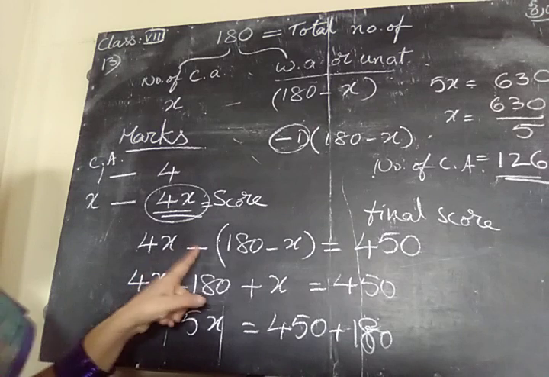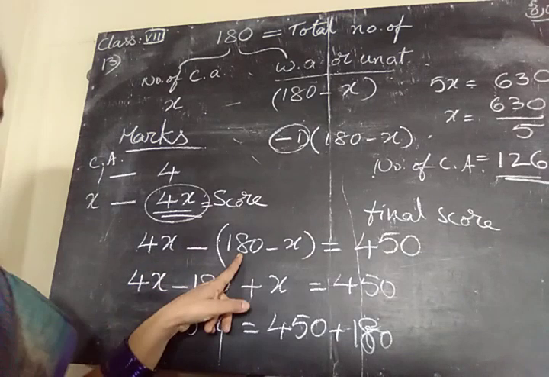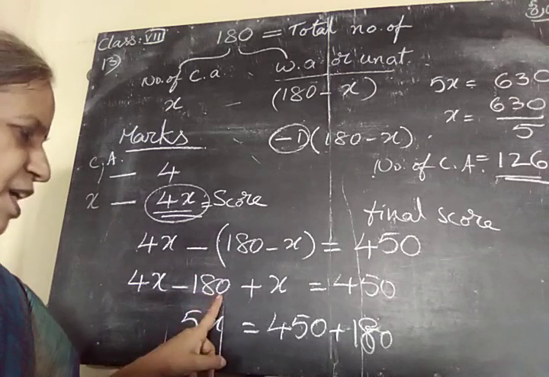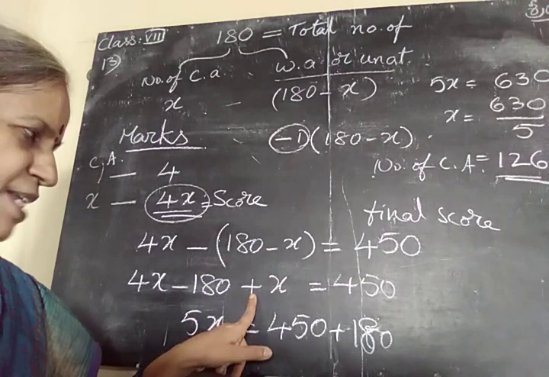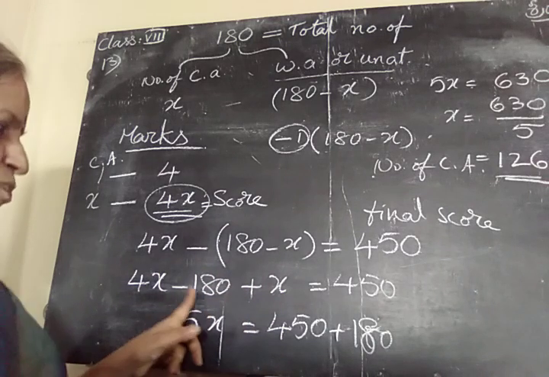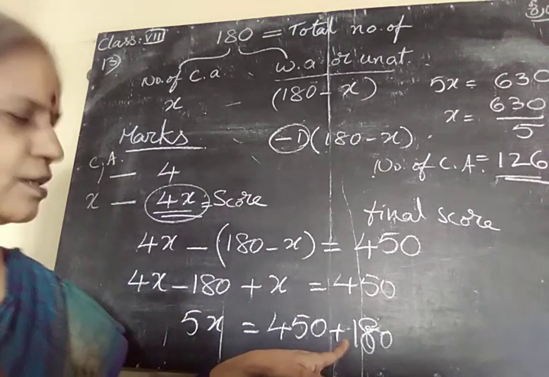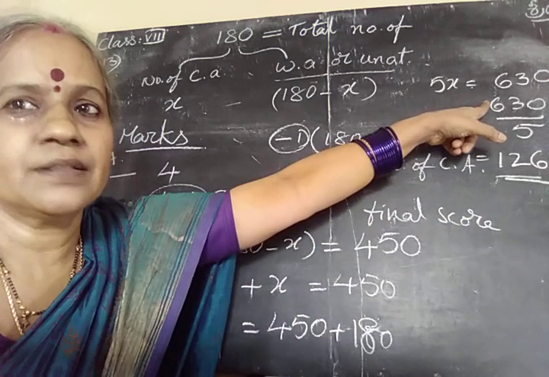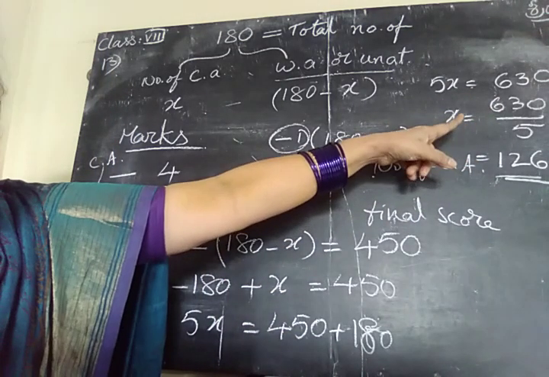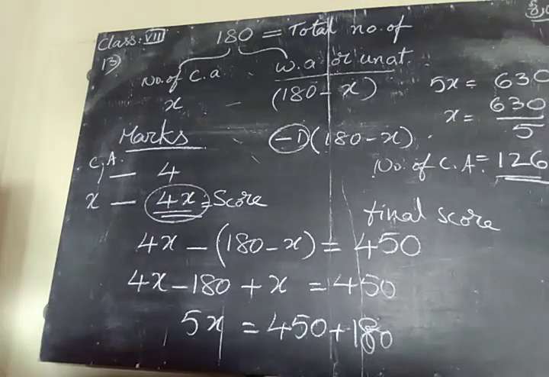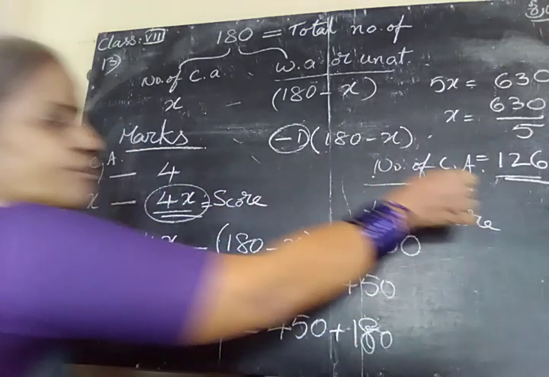Now before the bracket there is a minus: minus into minus 180, minus into minus gives plus x. So 4x plus x, 5x, minus 180. Transposing, it becomes plus 180. 450 plus 180, 630. So x is equal to 630 by 5, that is 126. So the number of correct answers is 126.